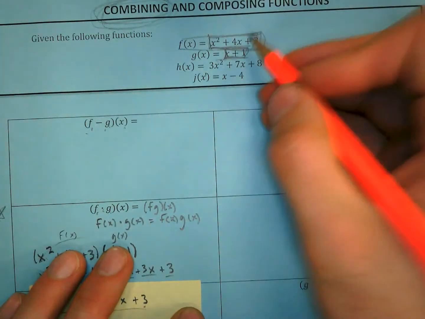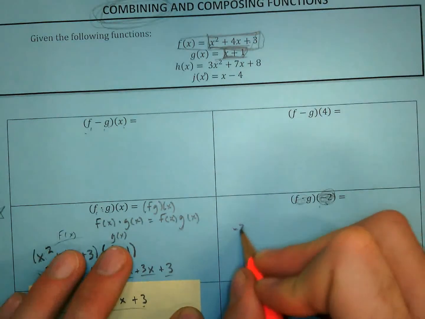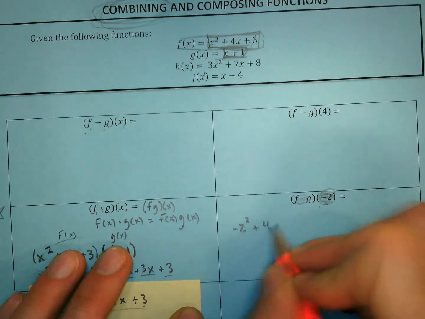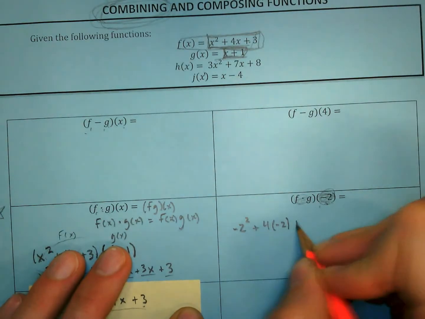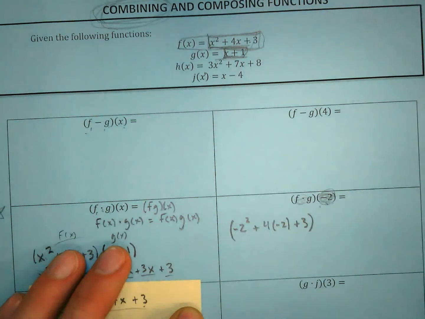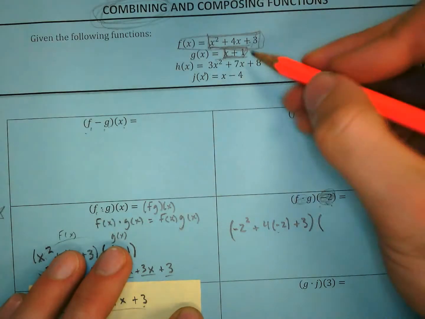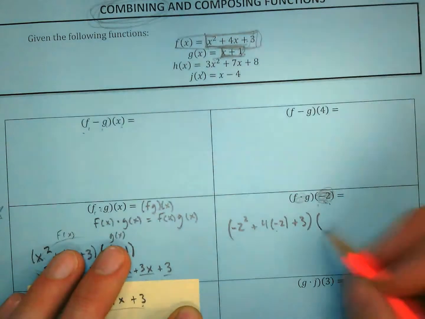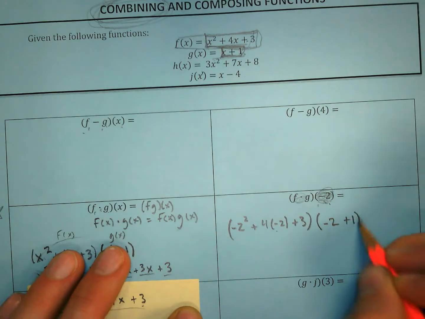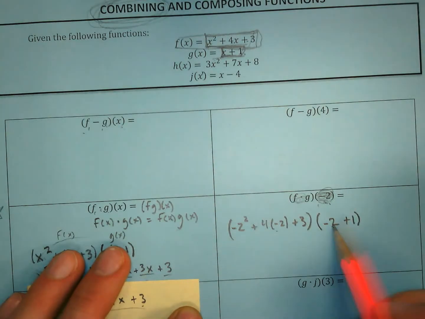Let's plug negative 2 into f(x). So negative 2 squared plus 4 times negative 2 plus 3. There is negative 2 plugged into f(x), and we're going to multiply it by negative 2 plugged into g(x). There's g(x), except a negative 2 instead of x.